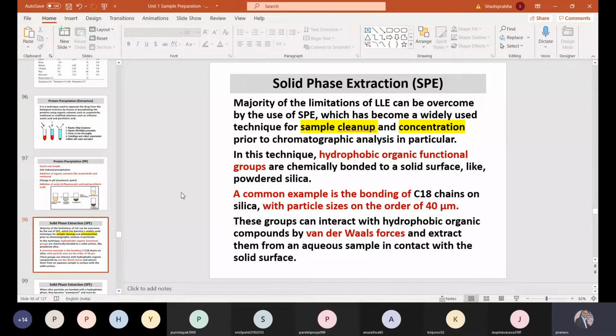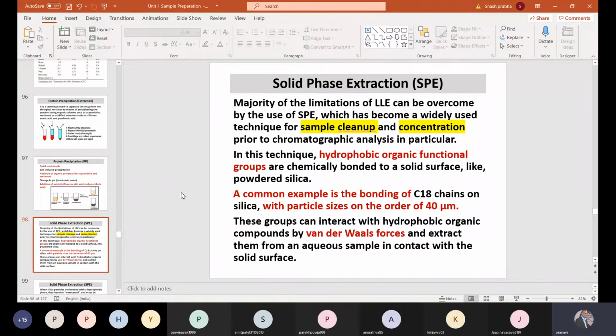And then they are made into a very small particle size of 40 micrometers, 30 micrometers. Now with advancement in technology, people have made particle size as low as 1.7 micrometers, with C18 chains.